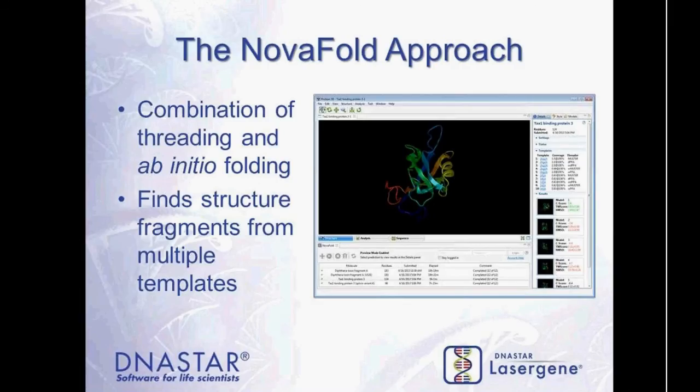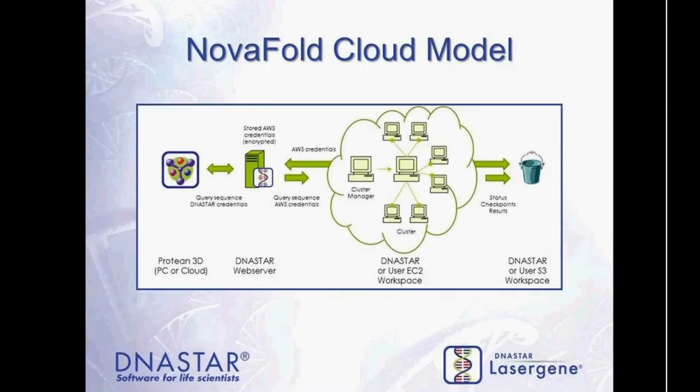So NovaFold uses a combination of both threading and ab initio methods. The NovaFold method finds structure fragments from multiple templates, builds fragments not matching the template, and then further refines the model. Now, because of the large computational power that this method necessitates, NovaFold uses the Amazon cloud.